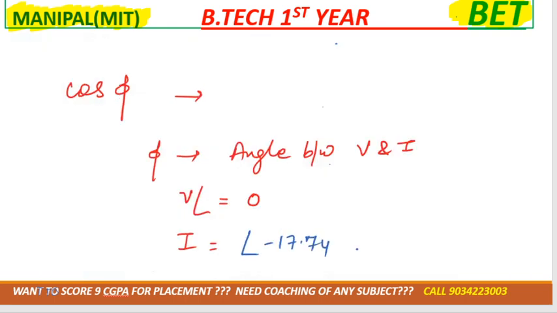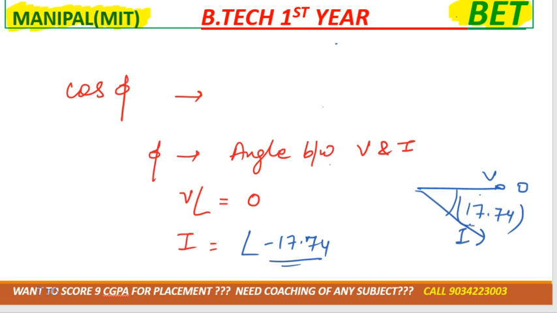So what does this minus sign indicate? See, if I make the phasor diagram, 0 degrees here, then 17.74 negative means it would be on the downward side. So the angle between voltage and current is how much? 17.74. You can write it down like that, difference between the angle of voltage and current. So that would be cos of 17.74.